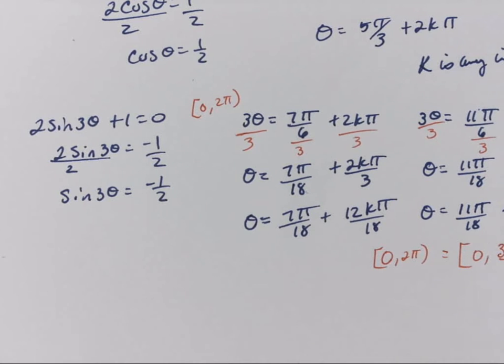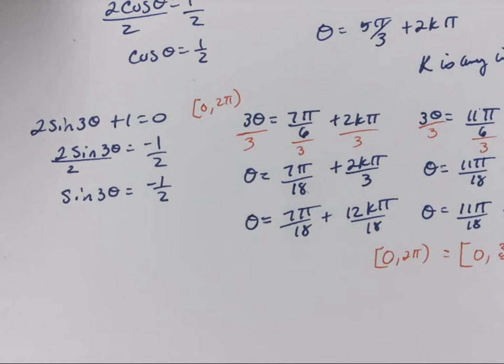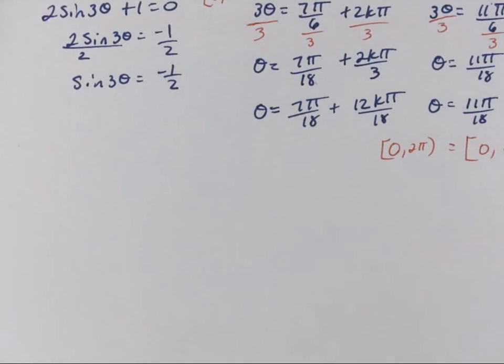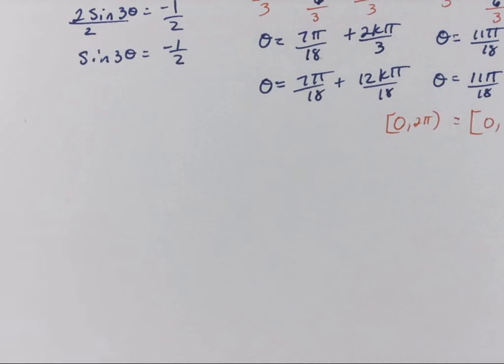All right, so the first one we're going to do, I'm going to write which one I'm working with. So I'm working with my theta. I realize you can't see part of that, so let me scoot that over. All right, so we've got theta is equal to 7 pi over 18 plus 12k pi over 18.